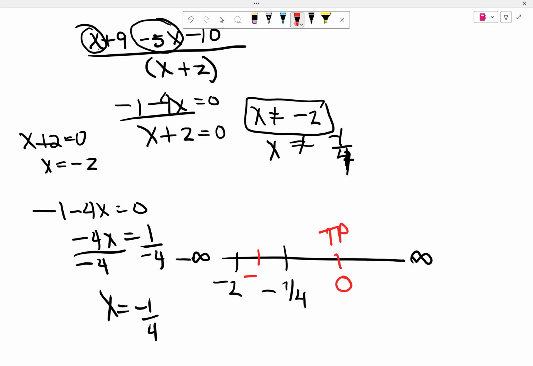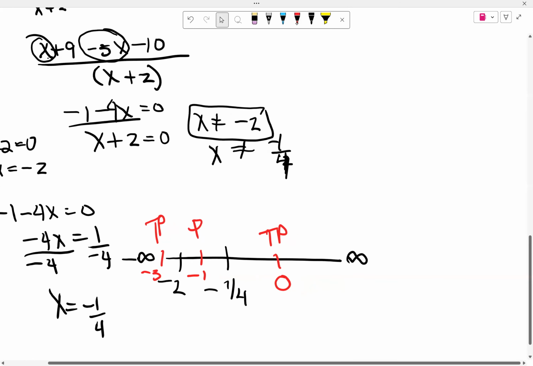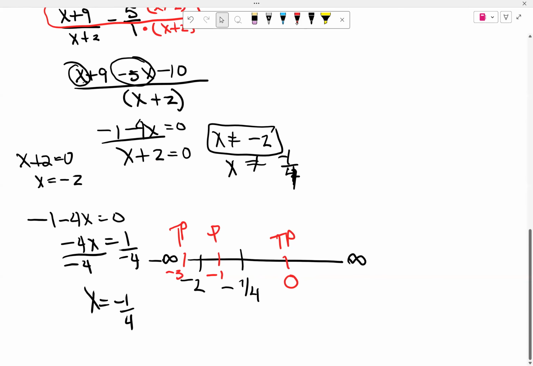I'm going to choose -1, which is a number between these, and I'm going to choose -3. So these are my test points. I have 3 test points. We are going to throw these back into the equation. According to the equation, it was x plus 9 over x plus 2, and obviously this has to be less than 5.